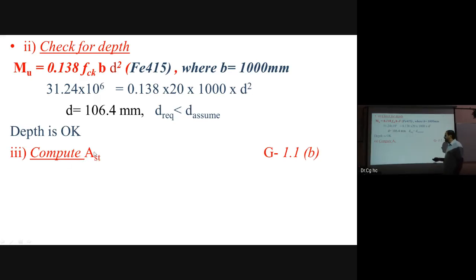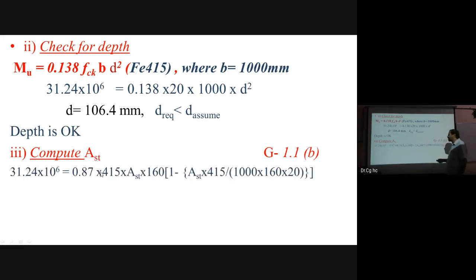Area of steel required is equal to, how to calculate this? We know this, that is moment of resistance.